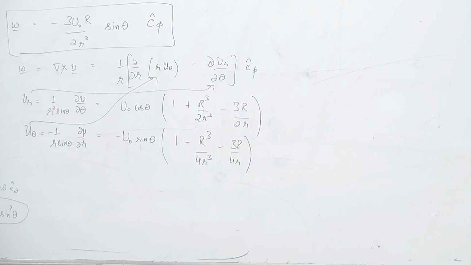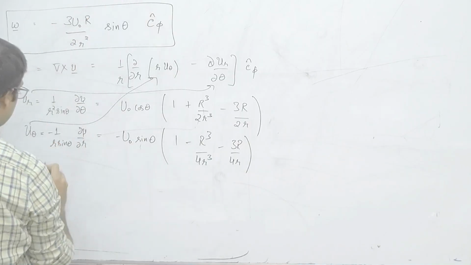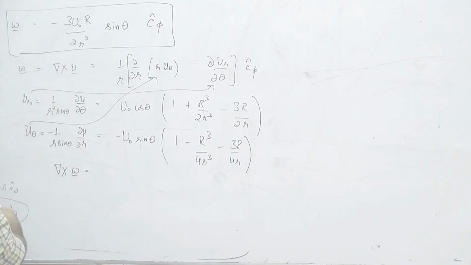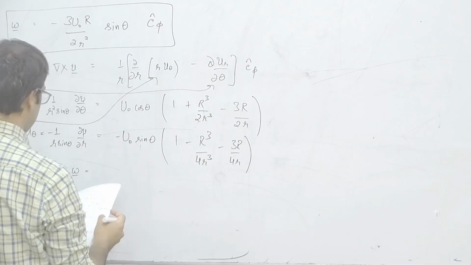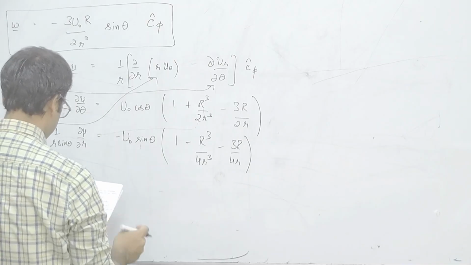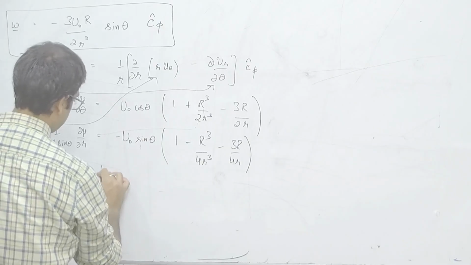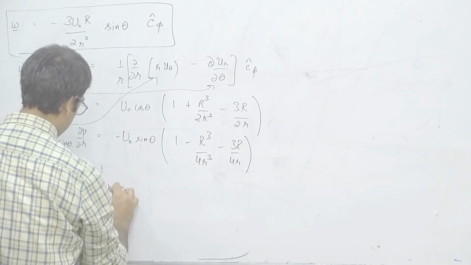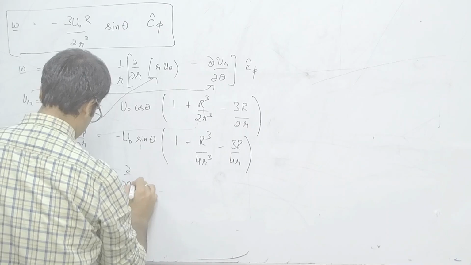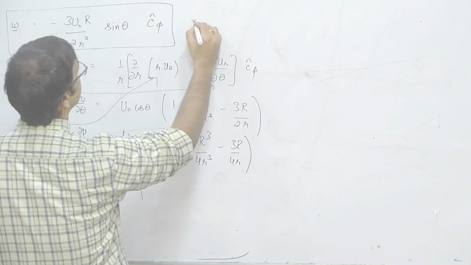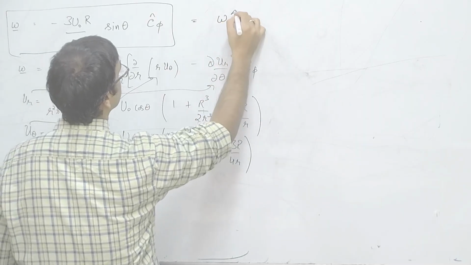And this is what you'll get for vorticity. And then what we can do is compute the del cross of omega. To do that, I'm going to write it as 1 by r sine theta del by del theta of this quantity, which I'll write as omega scalar e hat phi.